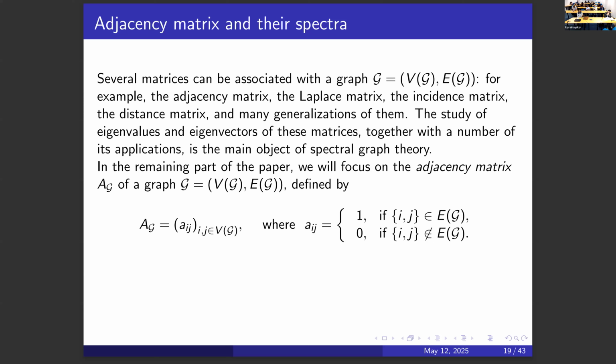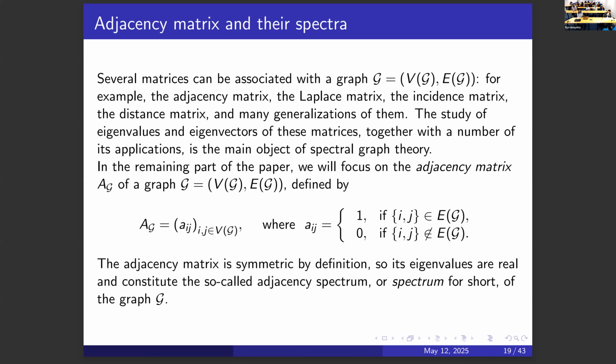Since we're dealing with simple graphs, along the diagonal you'll have zeros because there are no self-loops. The adjacency matrix is symmetric by definition, because if U is connected to V, then V is connected to U. So the eigenvalues are real and constitute the so-called adjacency spectrum, or we just call it the spectrum for short.